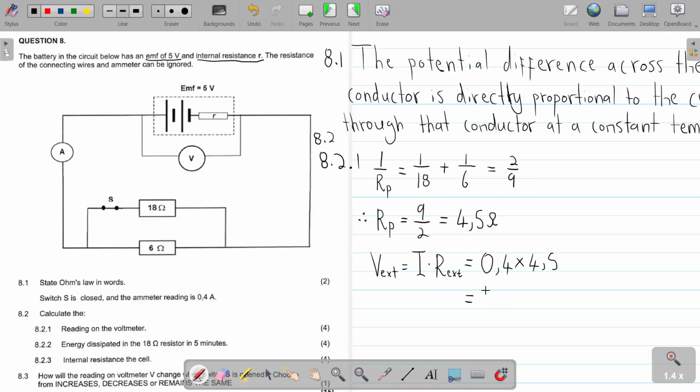So it means V external is 1.8 volts. So we have our V external here. So this is the reading on the voltmeter. So we had to understand what we're being asked, isn't it? Because the question is saying the reading on the voltmeter, we have to know that it means the reading on the voltmeter is the V external.